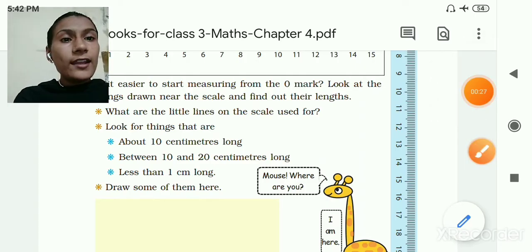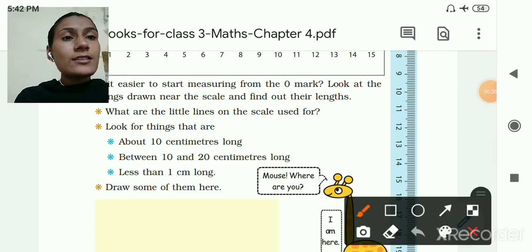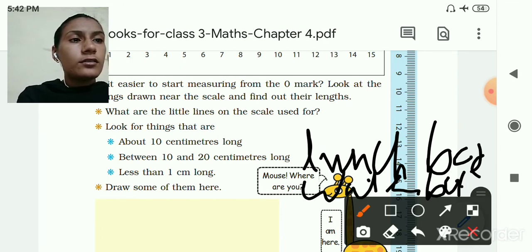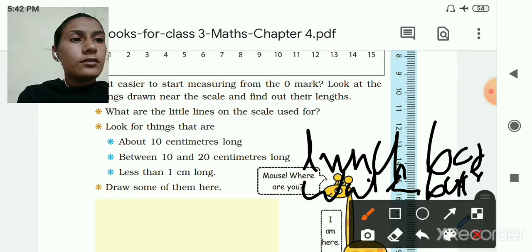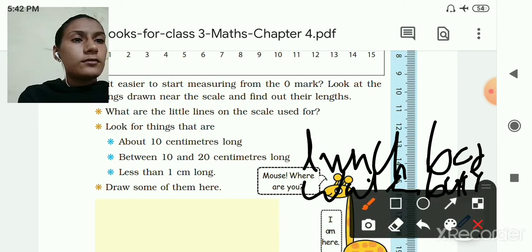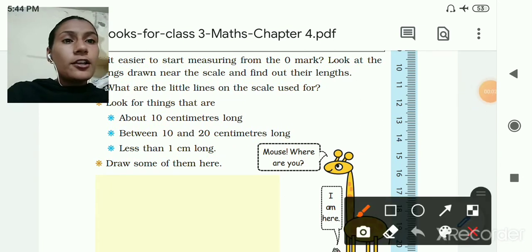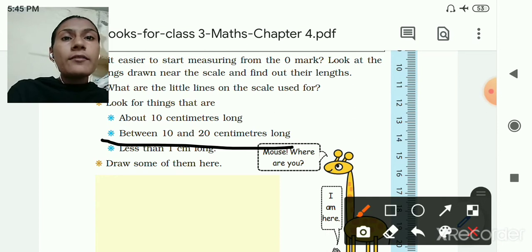So between 10 and 20 centimeters long, the things are lunch box, water bottle and mug.